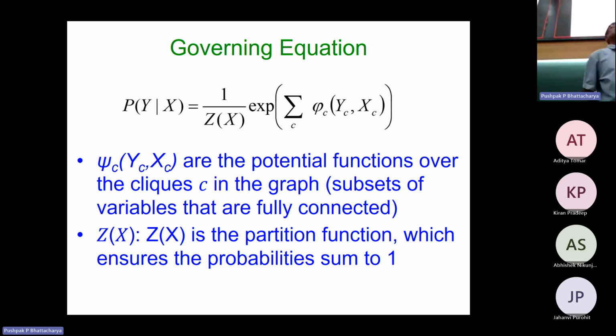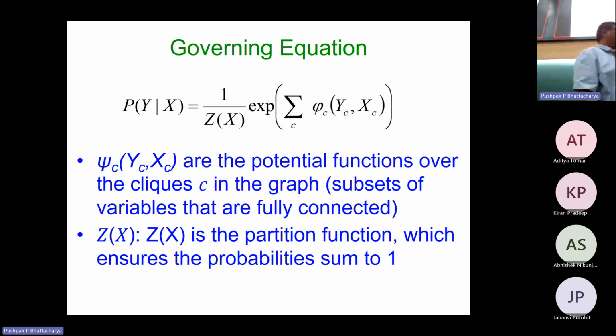Those of you who have not been exposed to this, it only means a part of a graph which is fully connected. That means there is a pairwise connection for every pair of nodes in that subgraph.